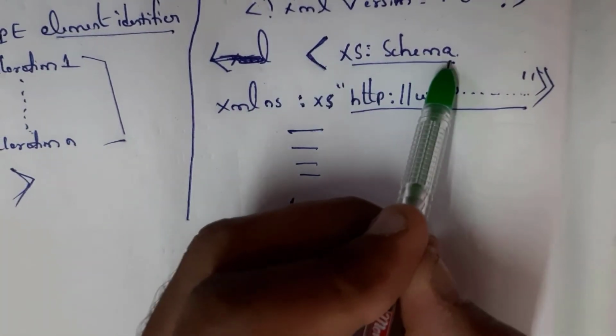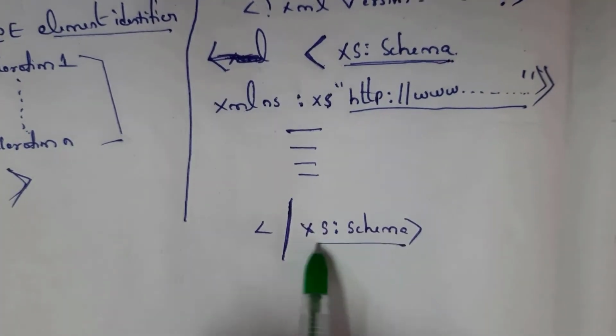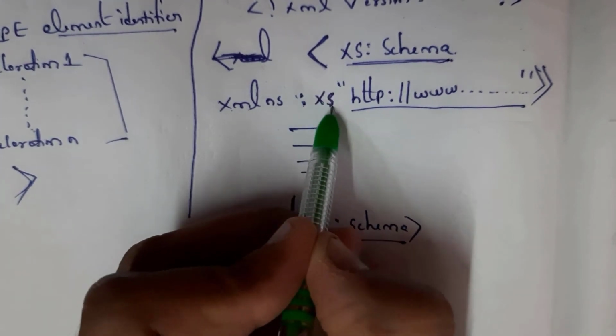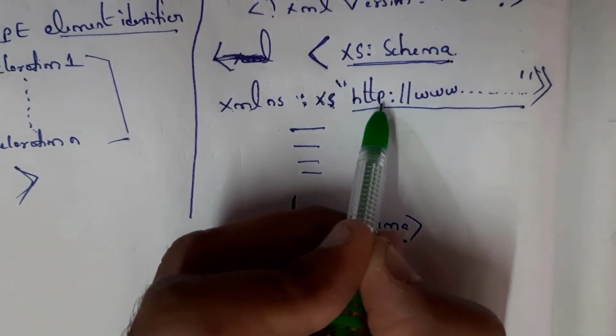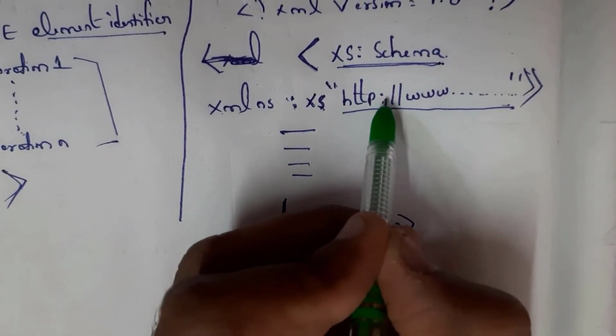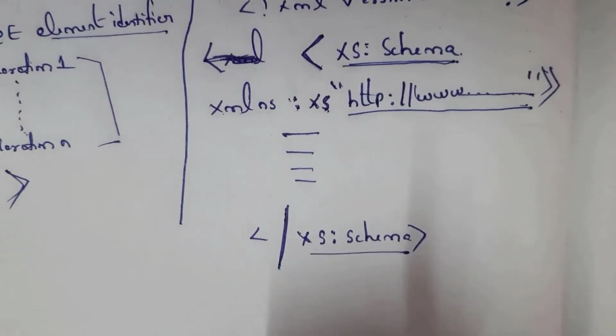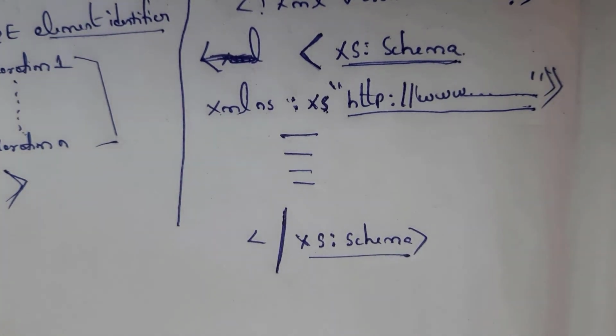You opened xs:schema here, and we close it here. xmlns:xs equals the XML schema namespace, http, you have to write your link here. This is the syntax of XML schema.